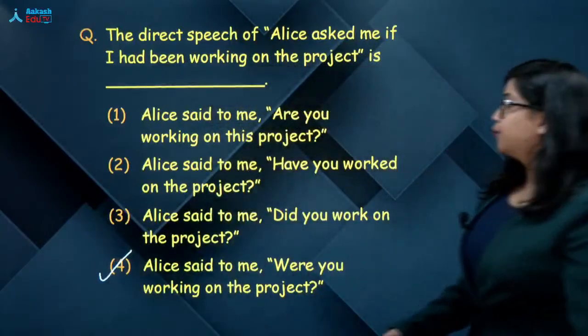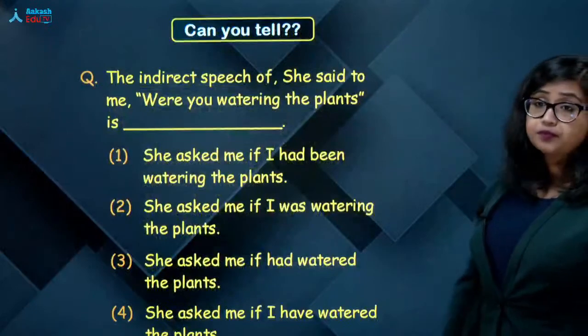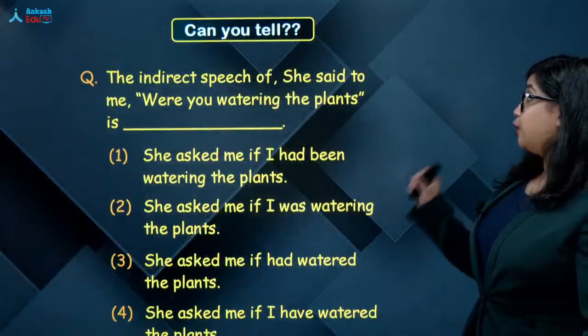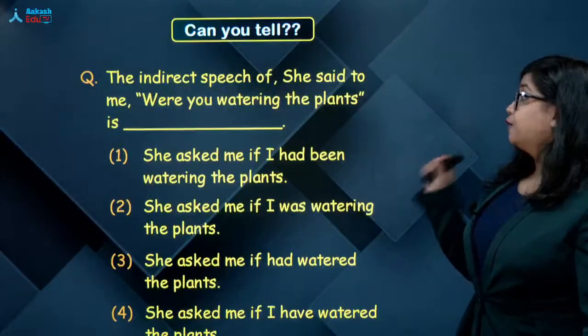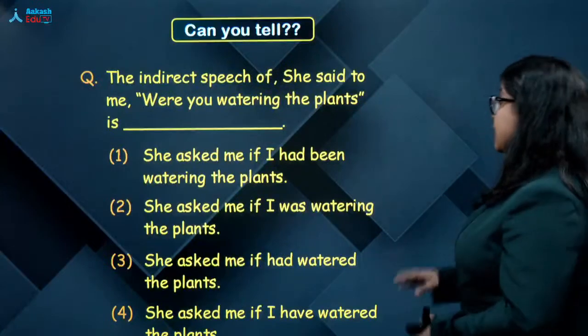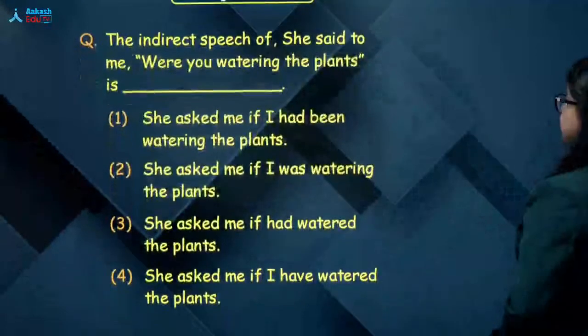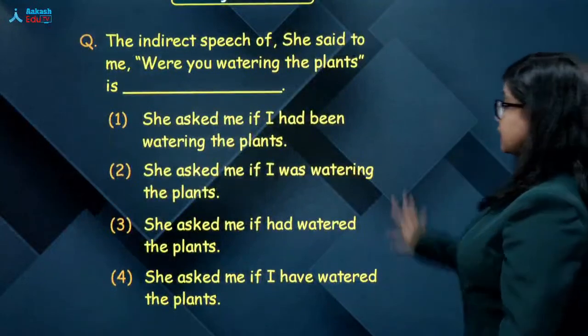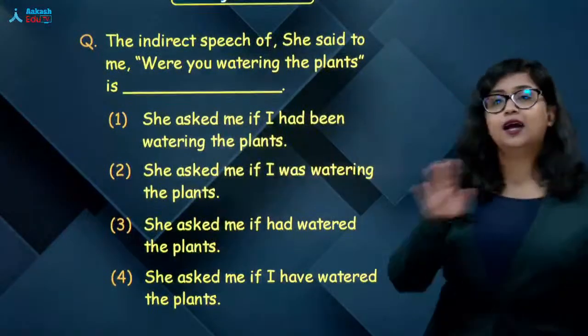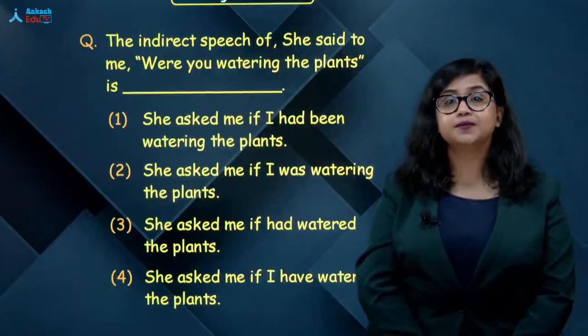Alright. Moving ahead. The indirect speech of "she said to me, were you watering the plants" is, please go ahead, look at the options carefully and try to guess the correct answer.